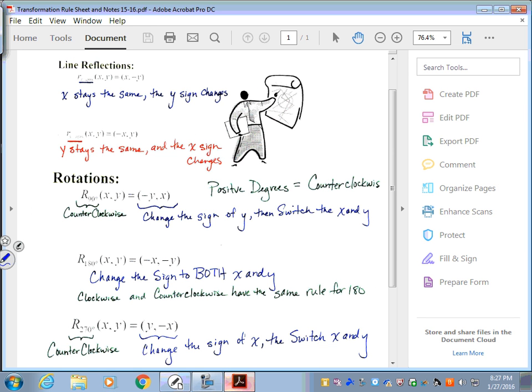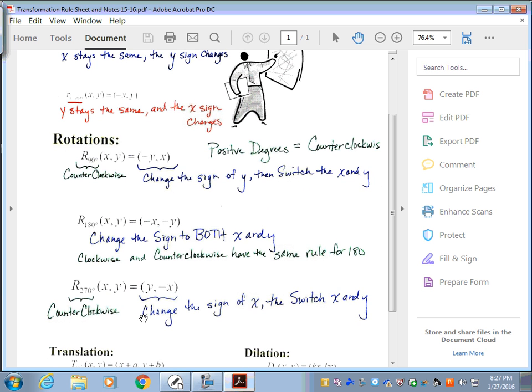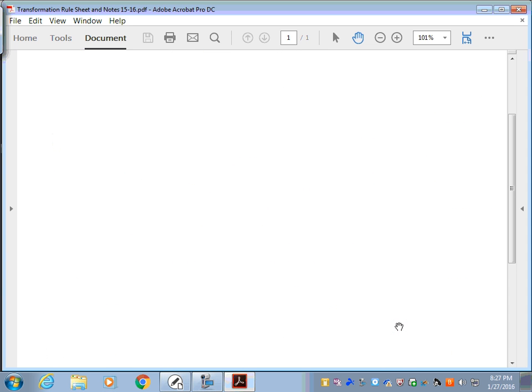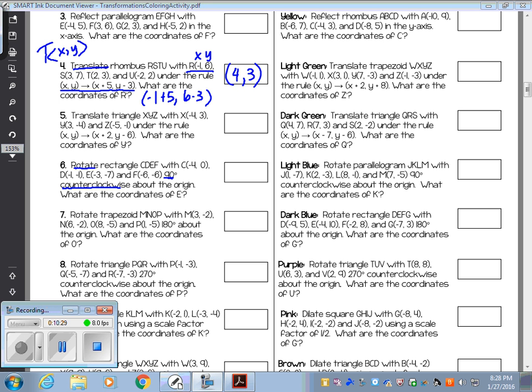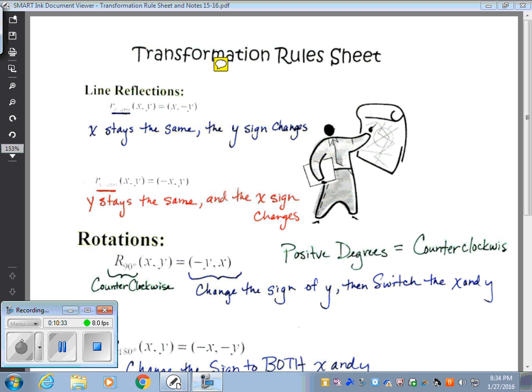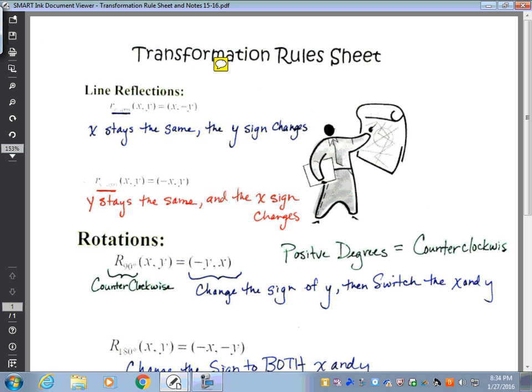You can go back to your rule sheet if you want to access that. I know it's kind of blurry here, but basically our rule sheet says... All right, sorry about that.